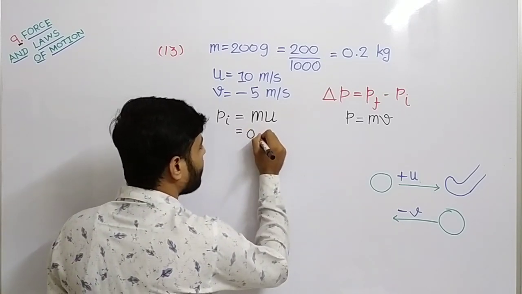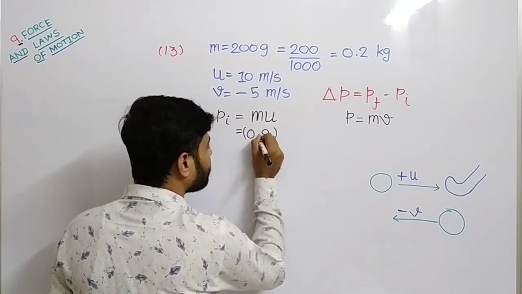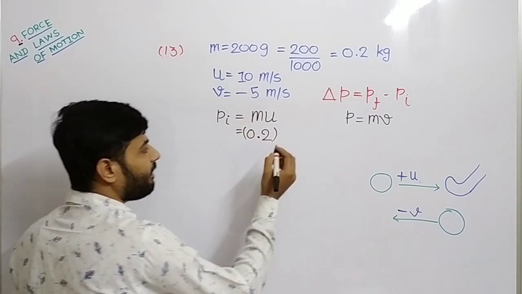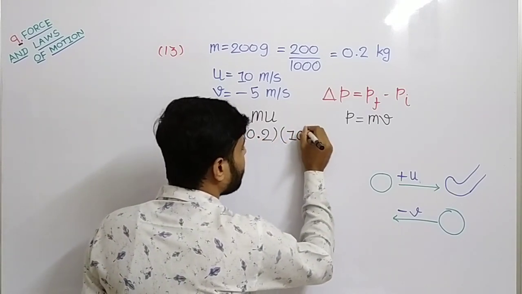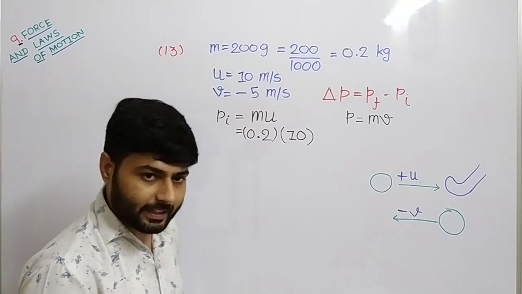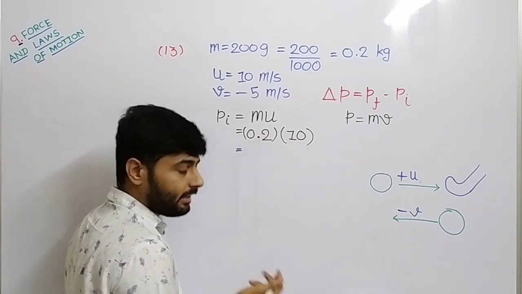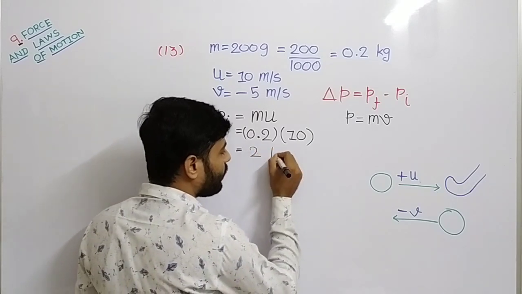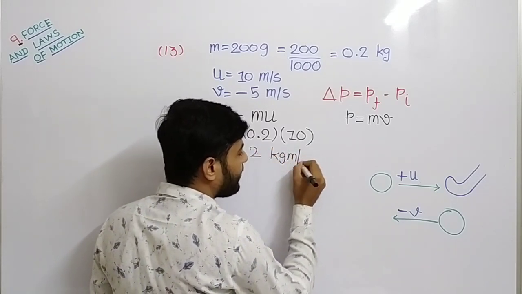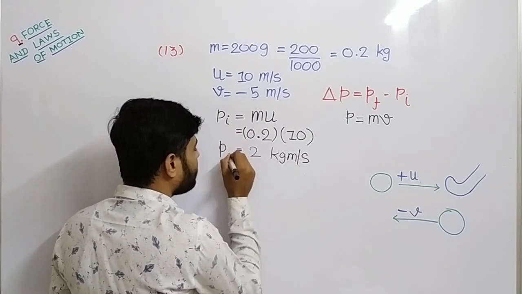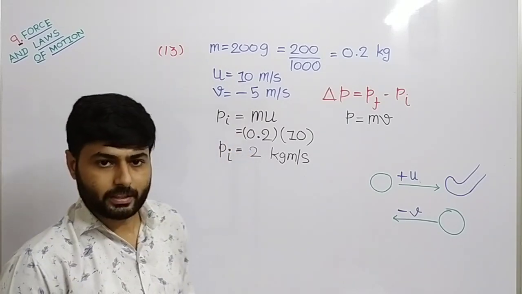Mass is 0.2 kg and initial velocity is 10 meter per second. So I have 0.2 into 10, that is 2 kg meter per second as my initial momentum.